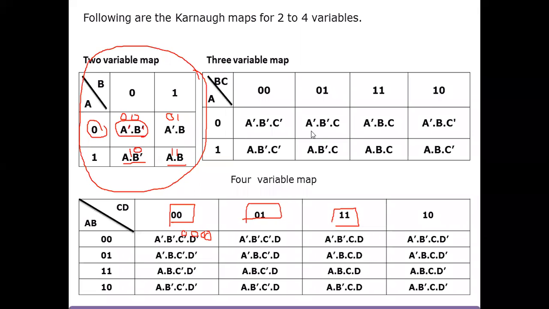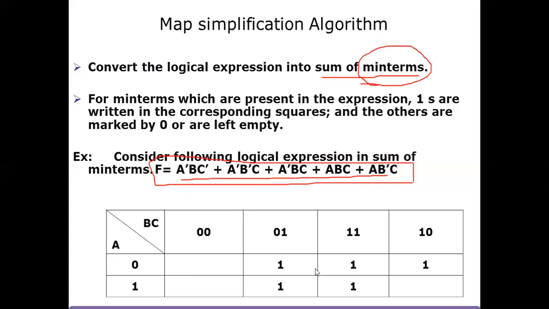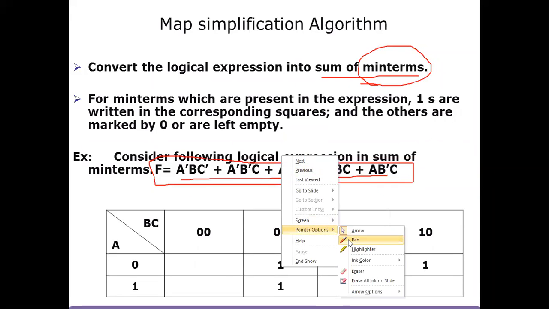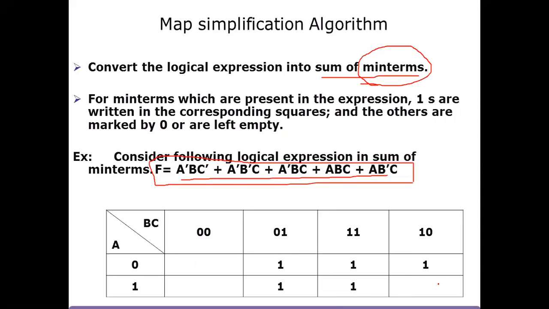If in your expression you can find A dash, B dash, C, you put 1 here. Your initial map would have nothing written in the other places. You don't write anything there, rather you put 1 for the corresponding terms.